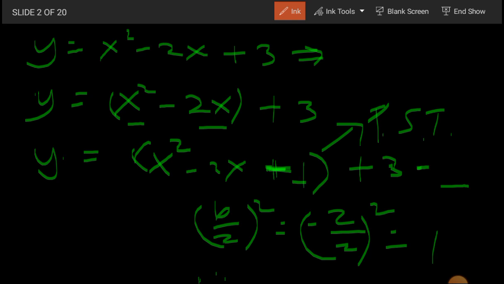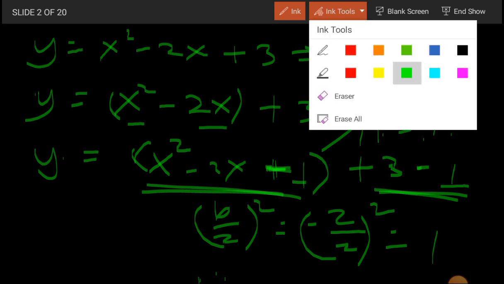So you have to add 1 here, and you have to subtract 1 there. So we have completed this perfect square trinomial, and we also have to simplify this constant part.